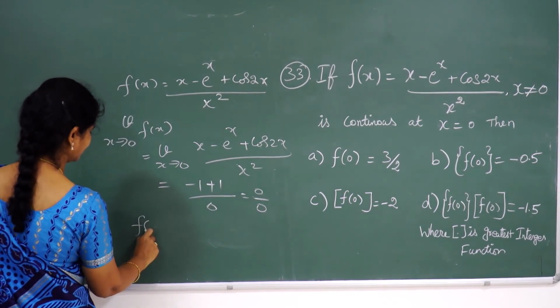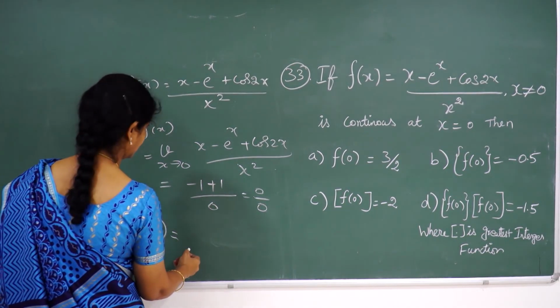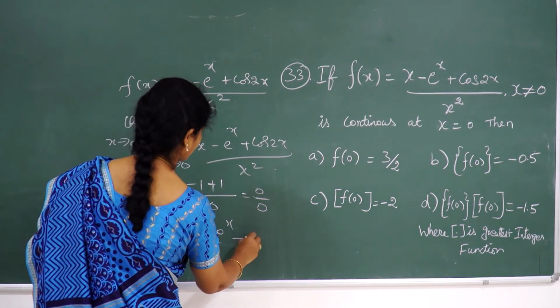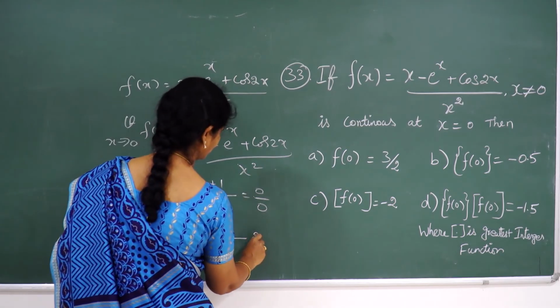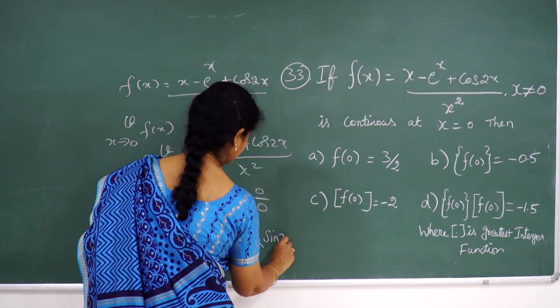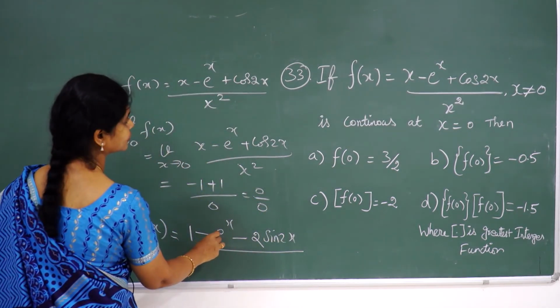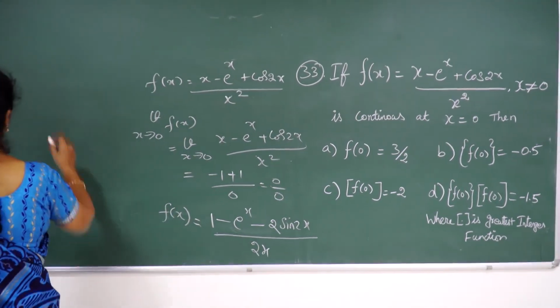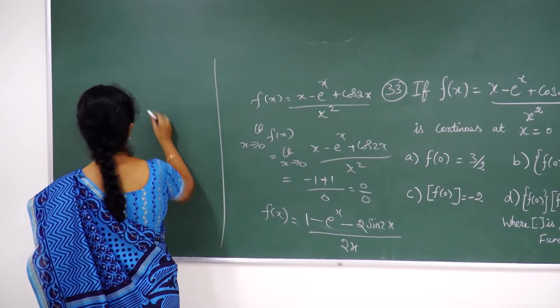So you get, when you differentiate, 1 minus e power x minus 2 sin 2x divided by 2x. Again applying the limit, what do you get?